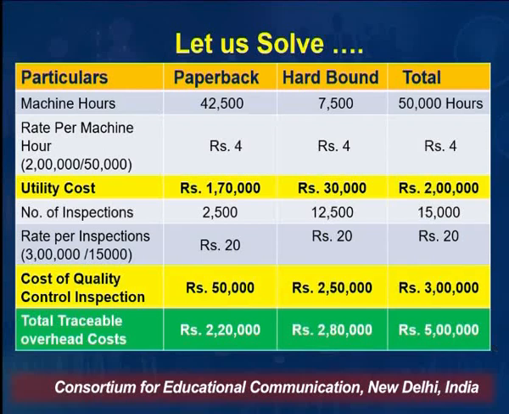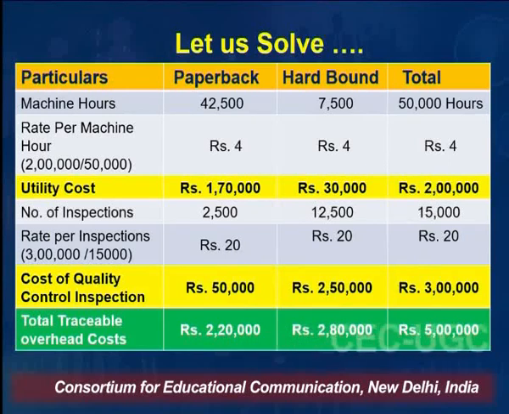If we look at rate per machine hour, we have to first calculate what is the rate per machine hour. So 2 lakh rupees was the total cost which was assigned to this utility cost, and machine hours we have just calculated, the total is 50,000.